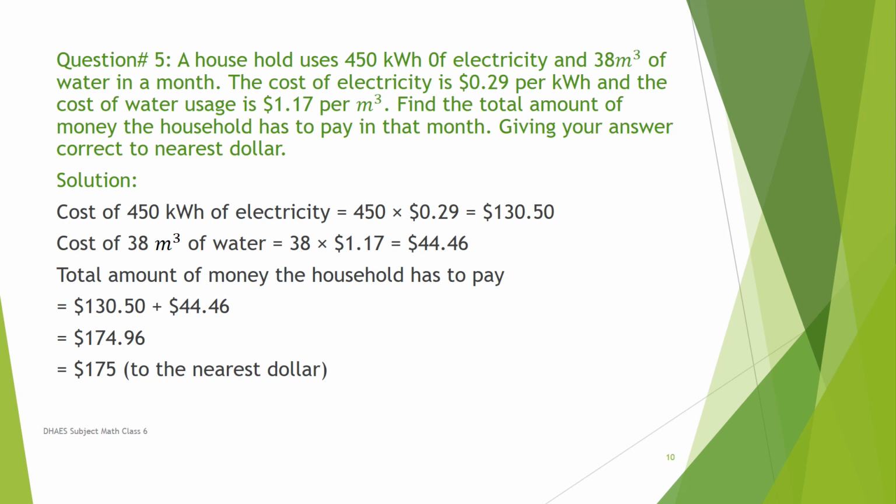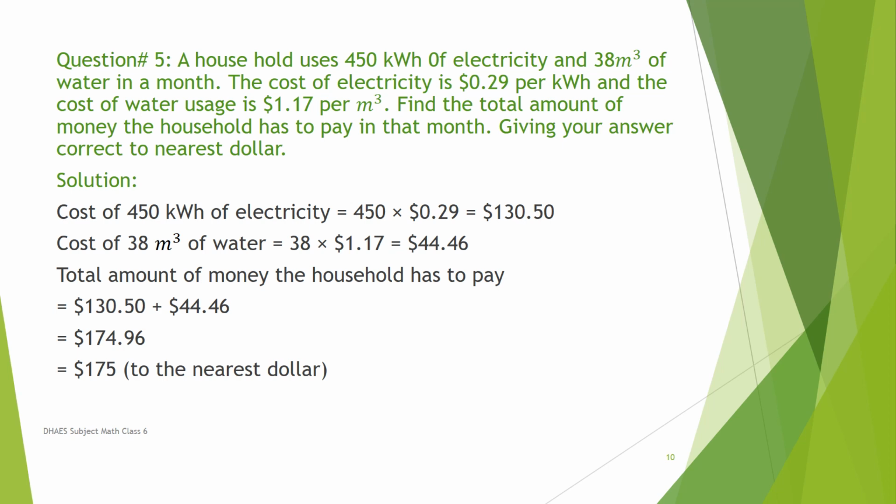First we find the cost of 450 kilowatt hours of electricity. We multiply 450 with the electricity cost, we get $130.50. The cost of 38 meter cube of water, we multiply with its price, then we get $44.46.